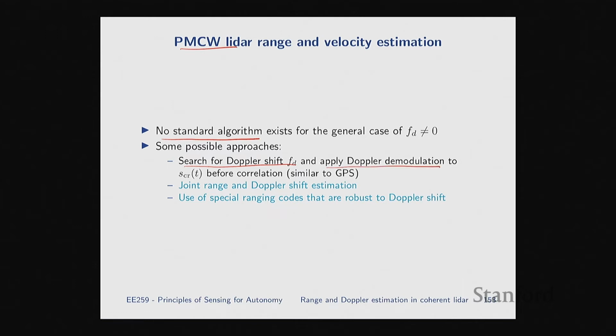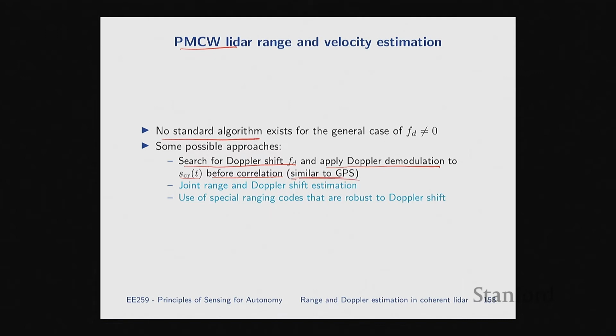And this should all be familiar because that's how GPS worked. So you can somehow estimate your Doppler and do demodulation with it. And then after you demodulate your Doppler, you get something that is only a delayed range code, and then you just apply a correlation to that and do range. So that's basically do it the GPS way.